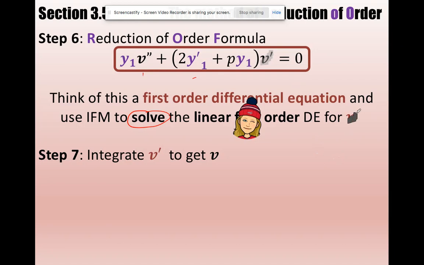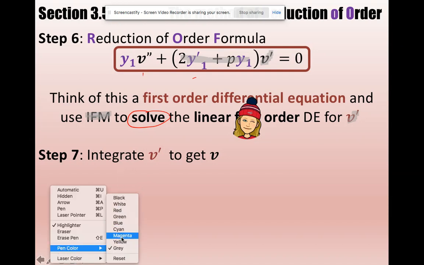I'm going to use the integrating factor method because it is a linear first order differential equation. I'm going to have to find my integrating factor and solve for v prime. But remember, I don't want v prime. What I'm after is v.